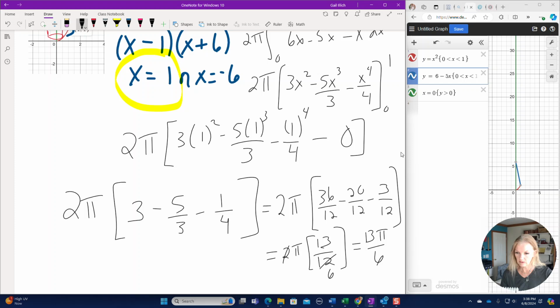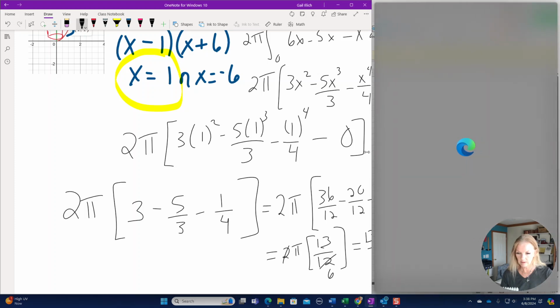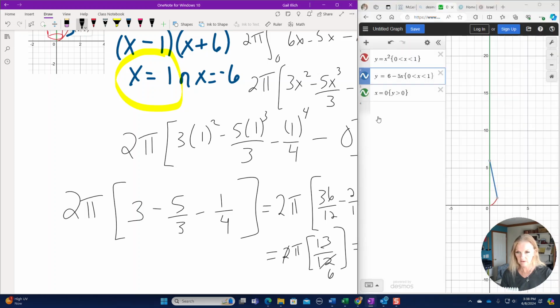Now, just as a reminder, you can check these with Desmos if you're not feeling like doing the fractions. If you typed in the integral, you're not going to want to put the pi in because they want an exact solution on this one. So you can put the 2 in the front and just remember to put the pi at the end of your answer.